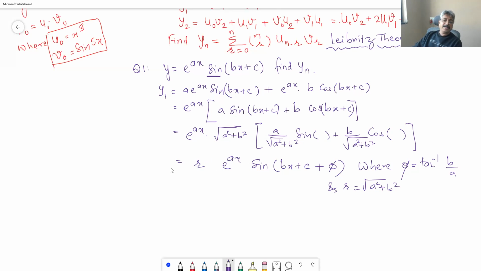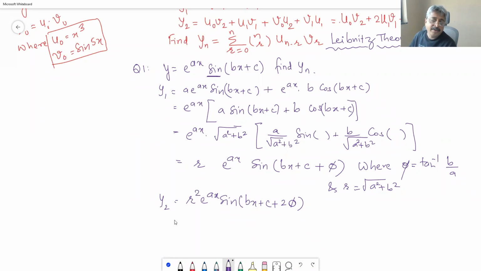So we have practically restored the form, and therefore if we want to take second derivative, y2 will be, r will be multiplied once again, so it will become r square e raised to ax sine bx plus c plus 2 times phi. One phi was there and one more phi will be added.